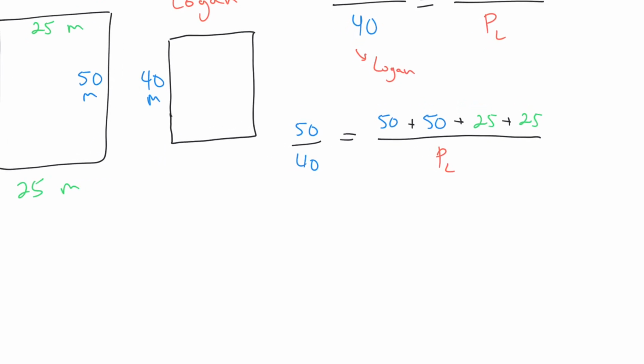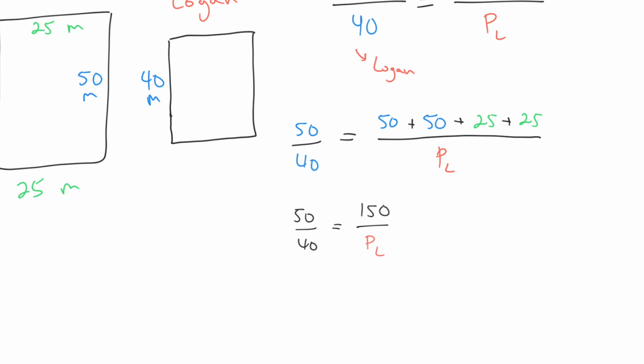Taking a quick moment to simplify the numerator there, we have 50 divided by 40 is equal to 50 plus 50 is 100, 25 plus 25 is 50, so we get a total of 150 for the perimeter of the Olympic pool, divided by the perimeter of Logan's pool.